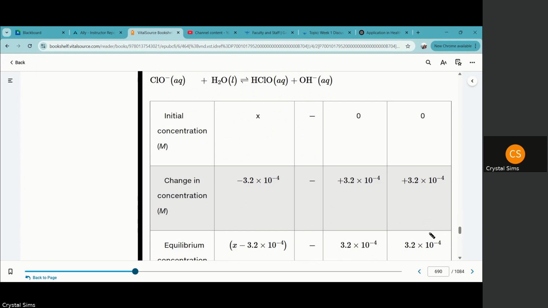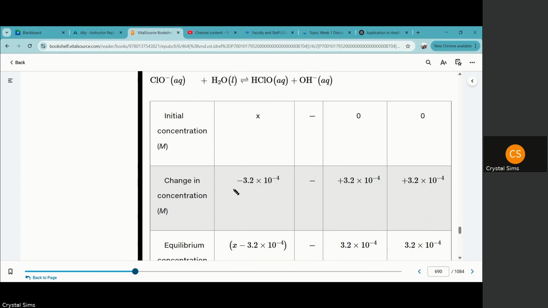And we know that the hydroxide ion concentration and hypochlorous acid concentration are going to be the same. They're both on the product side here. Okay, so they're both the same. We know that the initial concentration of those, since they're products, is 0, and here's the factor by which they change.